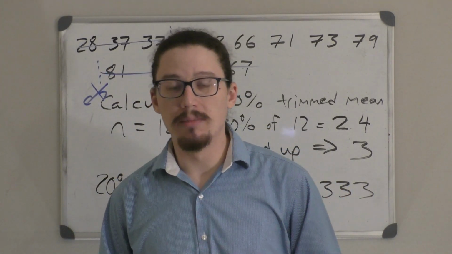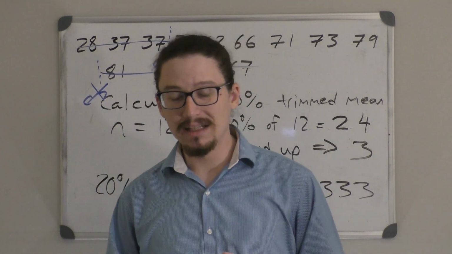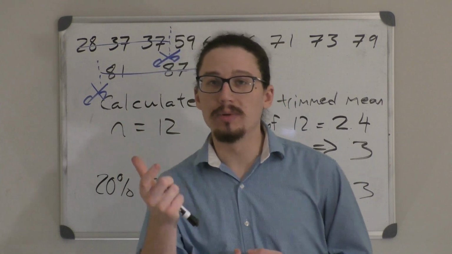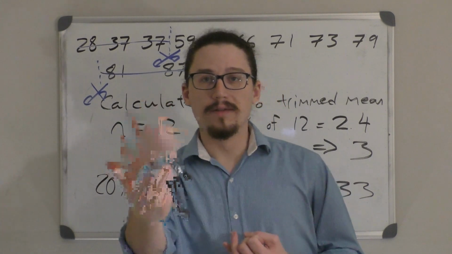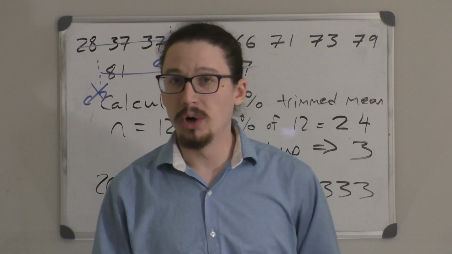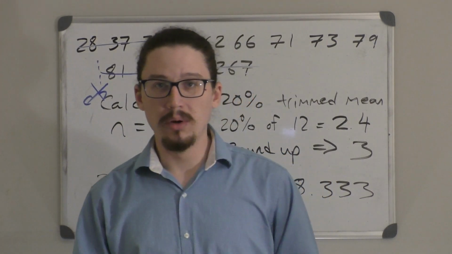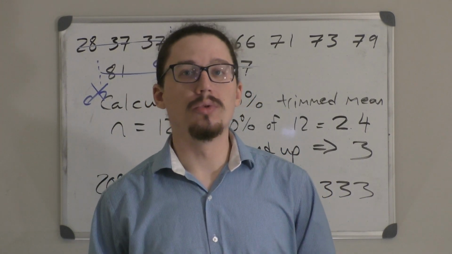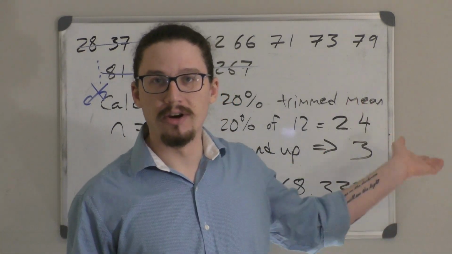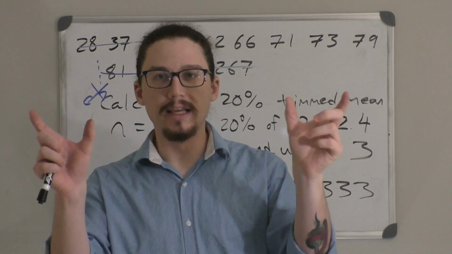So again, we need to put our data in order. We then need to figure out how many values we need to trim from the lowest and highest values. We do that by taking whatever percentage trimmed mean we're working with and figuring out what that percentage of our sample size is. If we don't get a whole number, we need to round up.